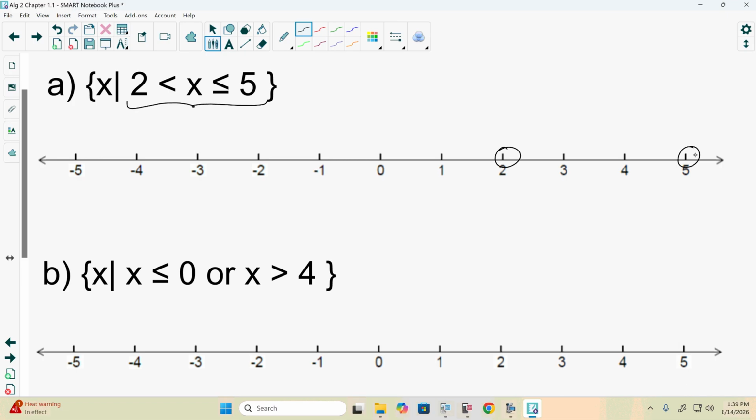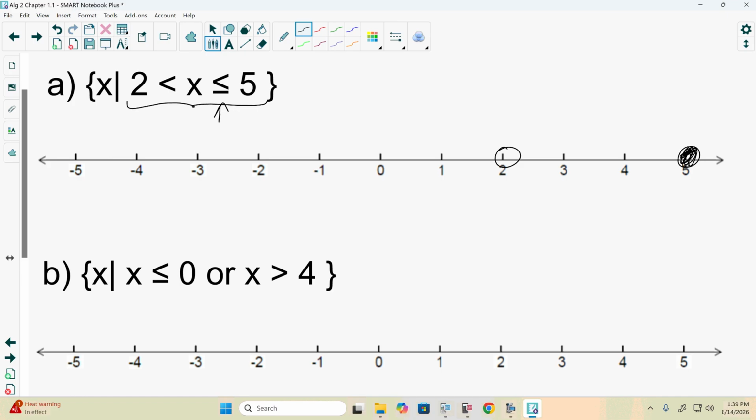Now we need to figure out if one, both, or neither circle is going to be filled in. The 5 is equal to, yes? So that tells us that we have to fill that circle in, because if it's equal to, it means it's included. Is the 2 included?